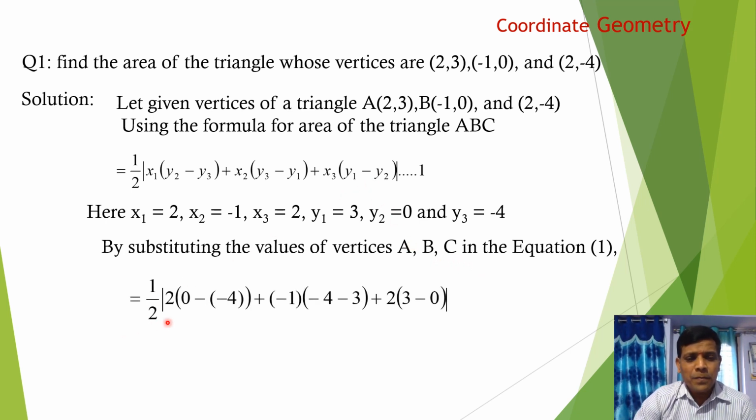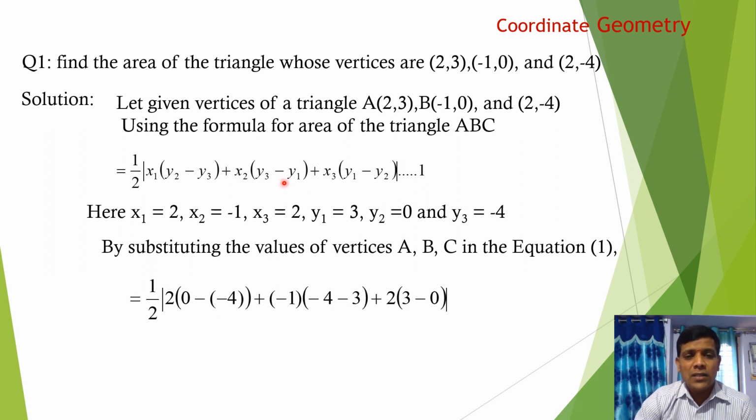half into x1 into (y2 minus y3). What is the value of x1? 2. So 2 into (y2 minus y3), that is 0 minus of -4, plus x2 into (y3 minus y1).